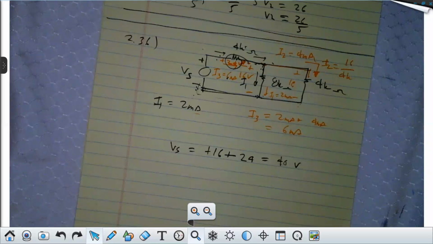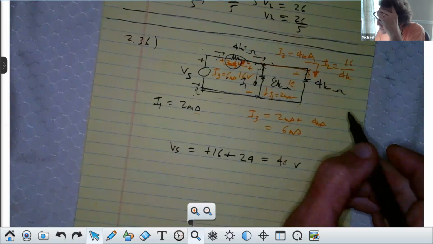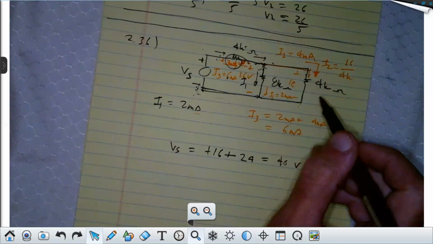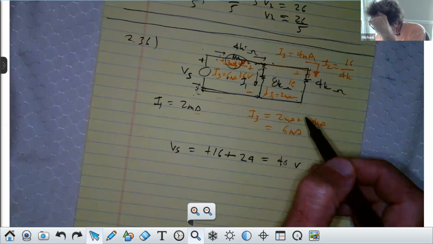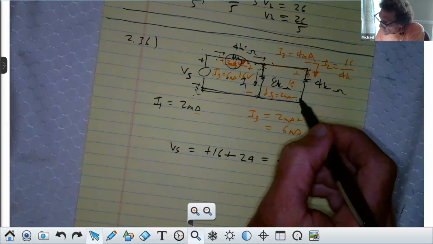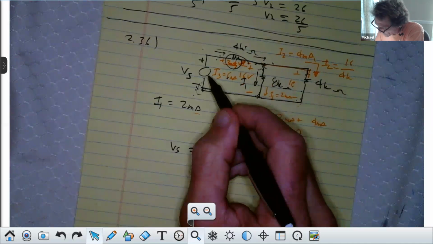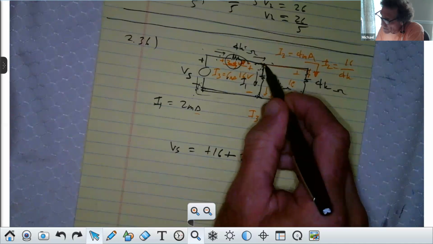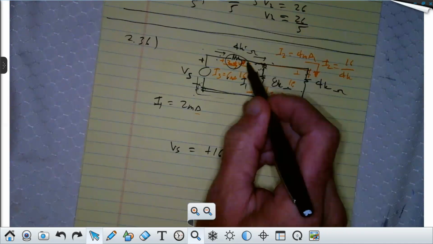Quick question. Why do you not add the other 16 with that parallel resistor? Remember, if resistors are in parallel, they have the same voltage across them, correct? Think of it as a pressure. If you have a pressure difference that appears across 2 components, and I want to get the pressure difference across an entire system, an air conditioning system, I just need to go over one of the pipes that's in parallel, find the pressure change there, add it to the pressure change here, right?